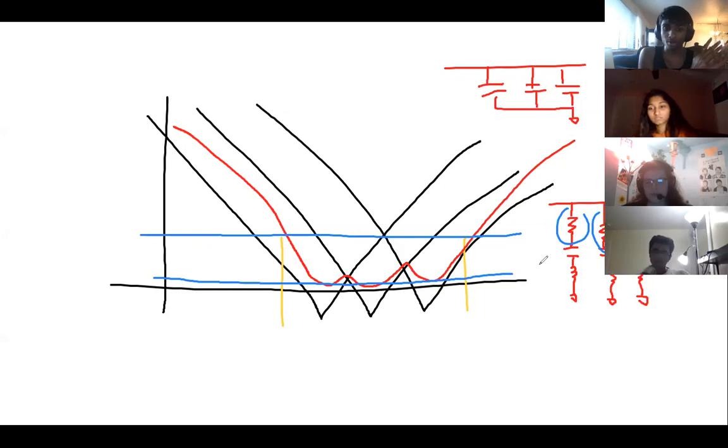Ceramic caps are more robust to all of these things. You're playing a game of cat and mouse, trying to accomplish this red curve while also making sure the capacitors will last long enough for the shelf life of your product. What I'm trying to get at is there are a lot of things you have to consider when choosing your filter. It's not just willy-nilly, let's throw 10 microfarads here, let's throw 0.1 microfarads here.